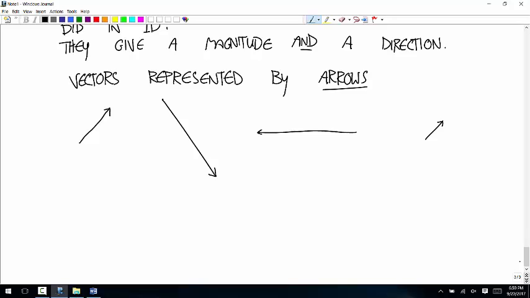A vector is just a mathematical thing. Let's say it's just a mathematical object, the same way a number is. So a vector itself doesn't have any units. You know, it just lives in the space of like math things.